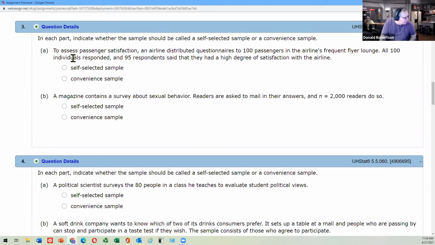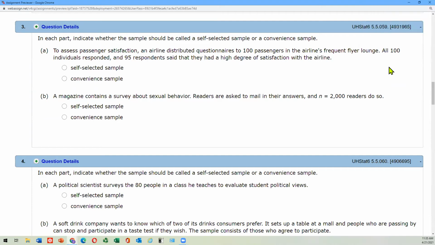So, to assess passenger satisfaction, an airline distributed questionnaires to 100 passengers in the airline's frequent flyers lounge. All 100 of them responded, and 95 of them said that they had a high degree of satisfaction with the airline. What kind of sample was that? Convenience.